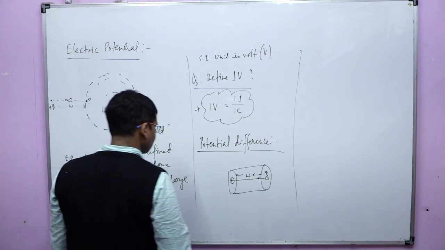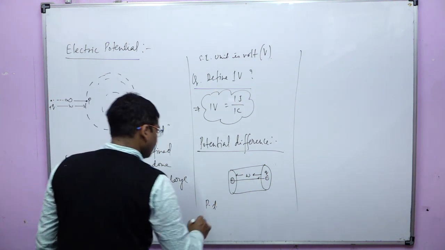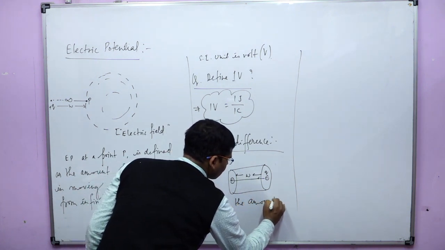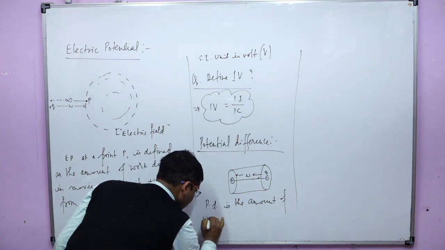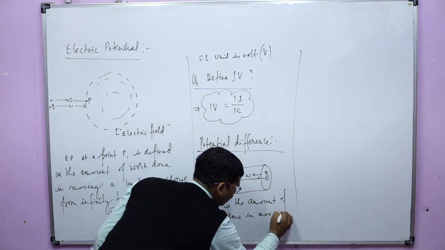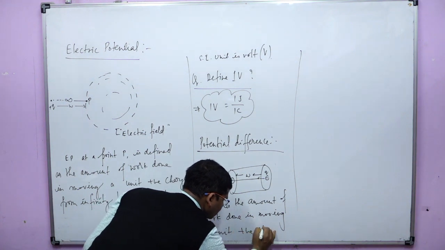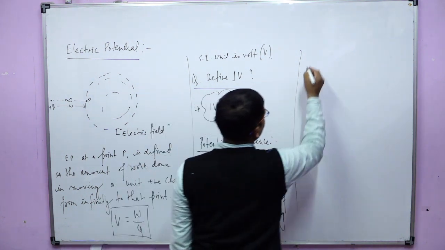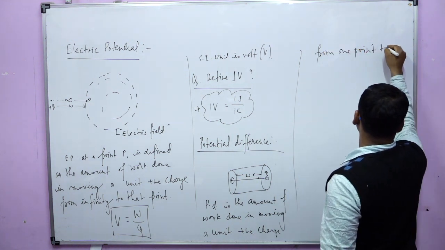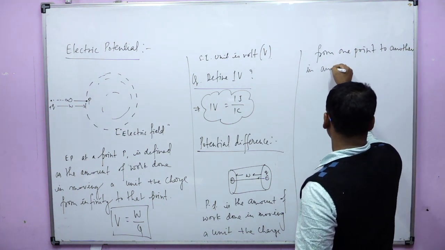So potential difference is the amount of work done in moving a unit positive charge from one point to another in an electric field.